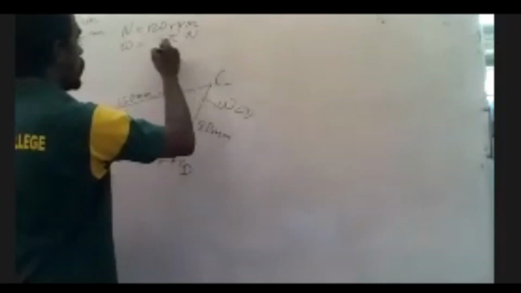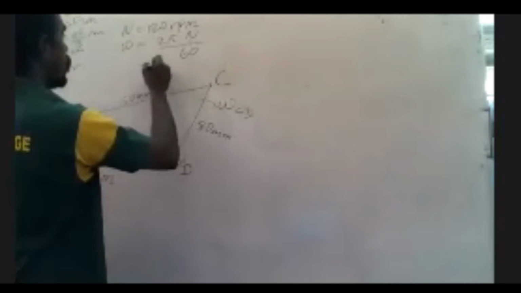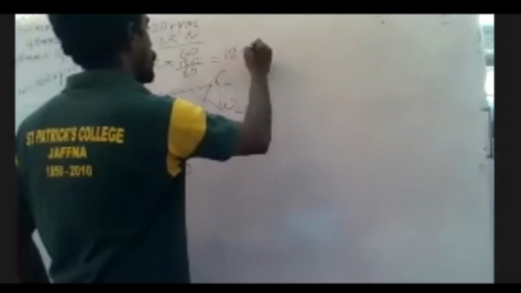Omega is 2 pi N by 60, that is equal to 2 pi into 120 by 60, which is 4 pi. 4 into 3.14 is 12.68 rad per second. So omega of AB is 12.68 rad per second.